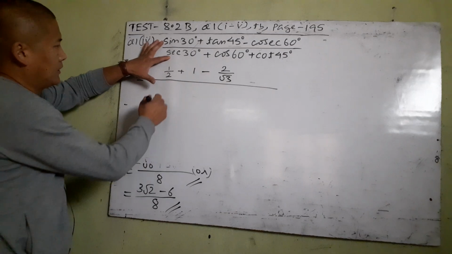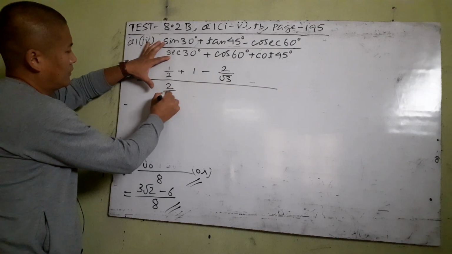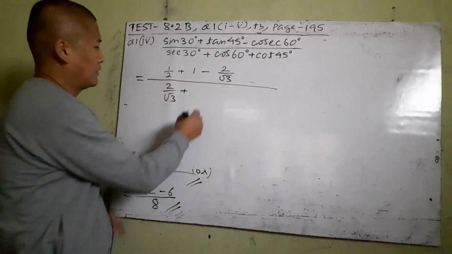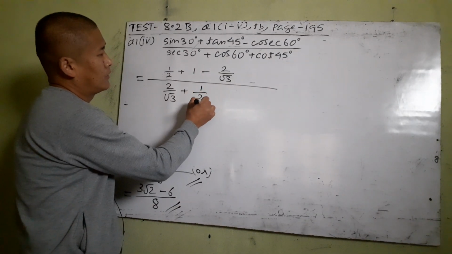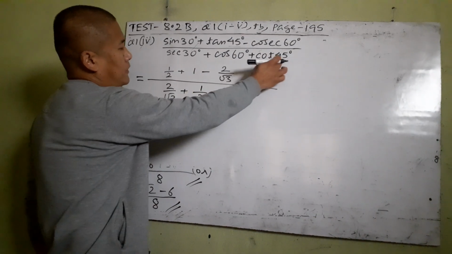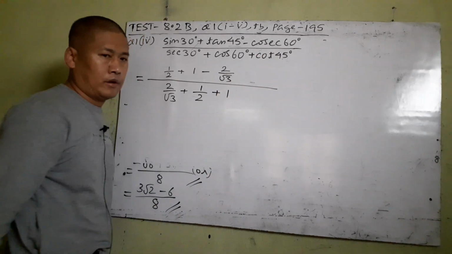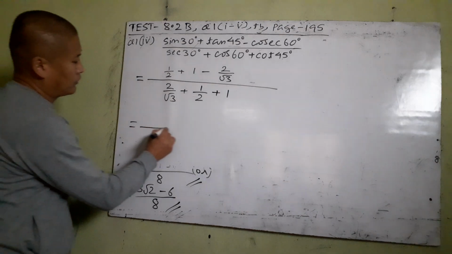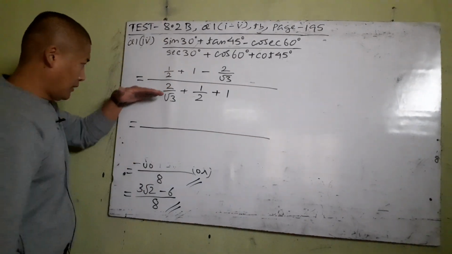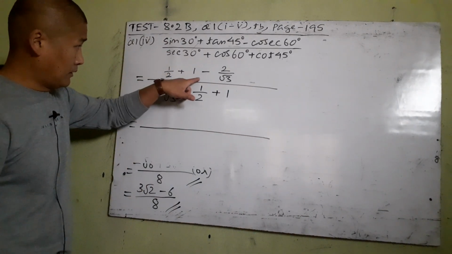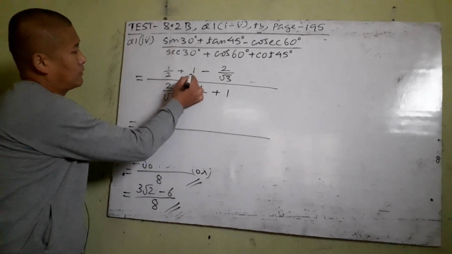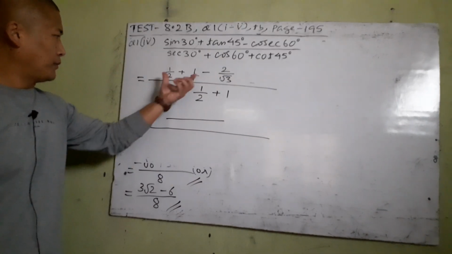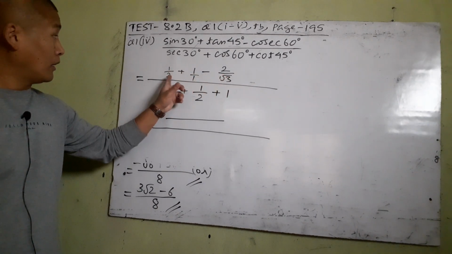Likewise sec 30 degree is 2 by root 3, plus cos 60 degree is 1 by 2, plus cot 45 degrees, 1. We'll put it that way. And the next step, put your longer line first. And above this long line, let us deal with this 3 first. So we can put here 1 by 1 if you want, with a longer line, representing these 3 fractions here.